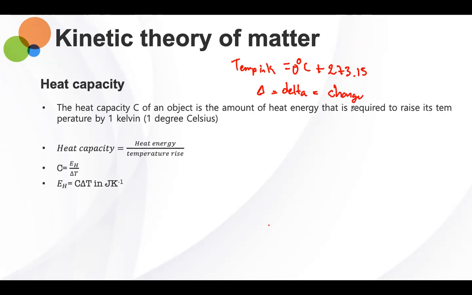So the change in temperature. We'll do some more questions. Most of the time you'll be given the amount of heat energy that is required to raise the temperature of an object.